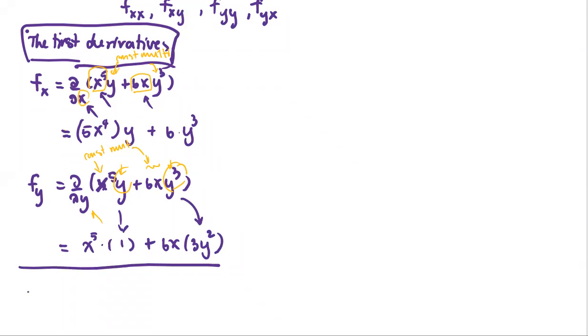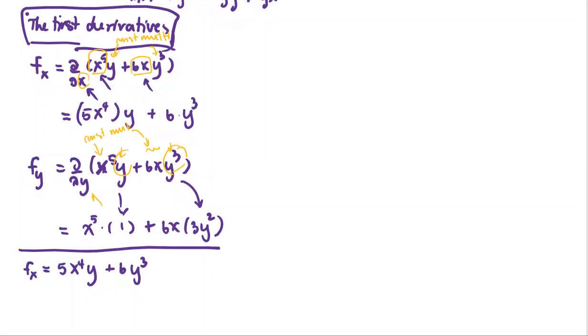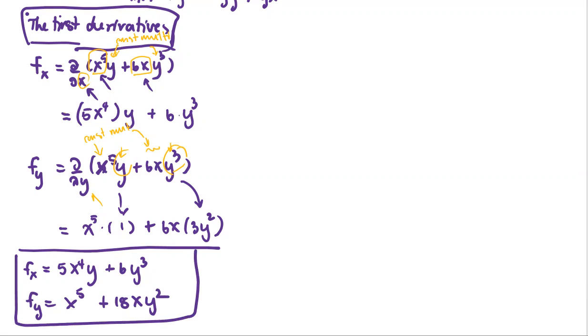So in summary, we have fx, or the first derivative, as 5x to the fourth times y plus 6y to the third, and then the partial with respect to y is x to the fifth plus 18xy to the second. Okay, we set this aside.